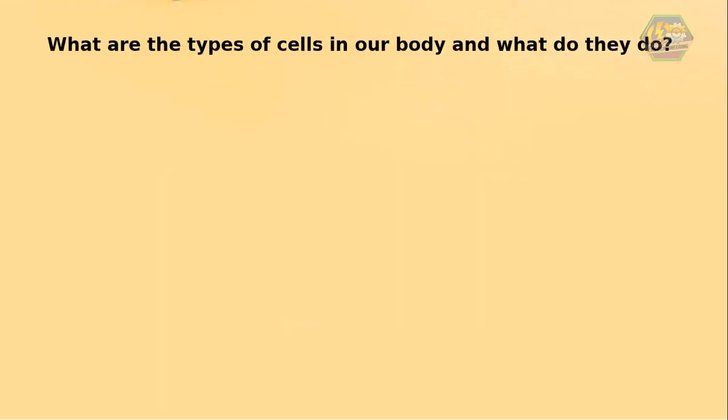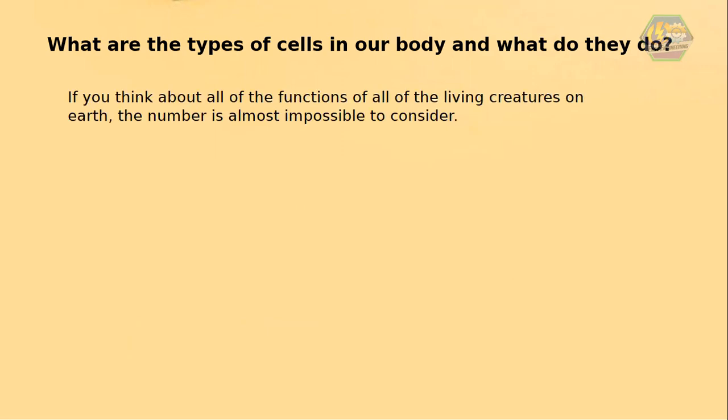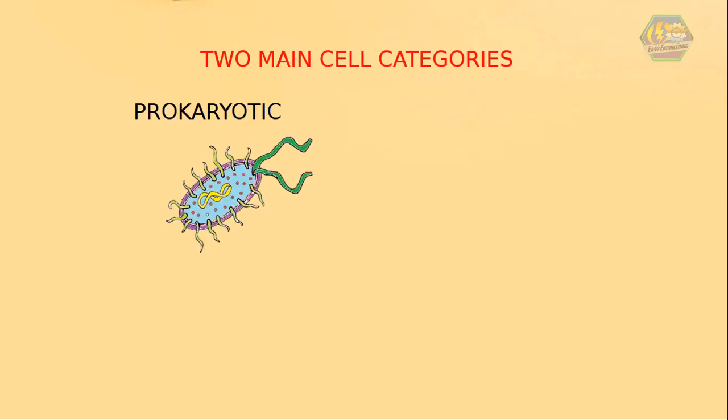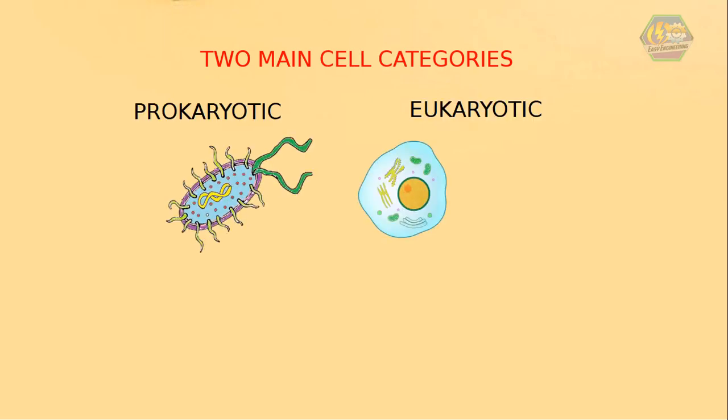So what are the types of cells in our body and what do they do? If you think about all the functions of all of the living creatures on Earth, the number is almost impossible to consider. To make things a bit easier, scientists have divided cells into two main categories, the prokaryotic and the eukaryotic cells. You are a eukaryote.